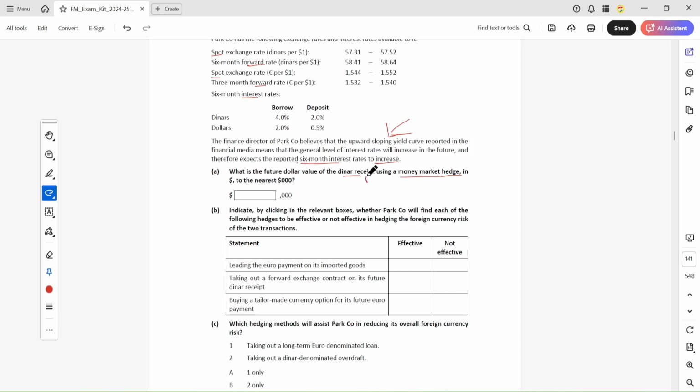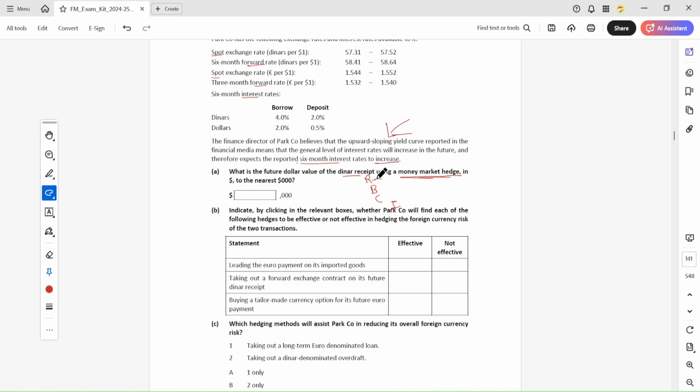Okay, receipt: these are the steps for a money market hedge in case of a receipt. We have already done so many questions on this, so I request you to do this question by yourself. If you don't understand anything, watch the lectures again.